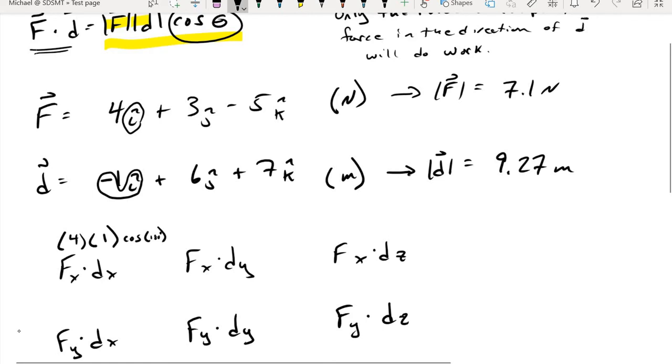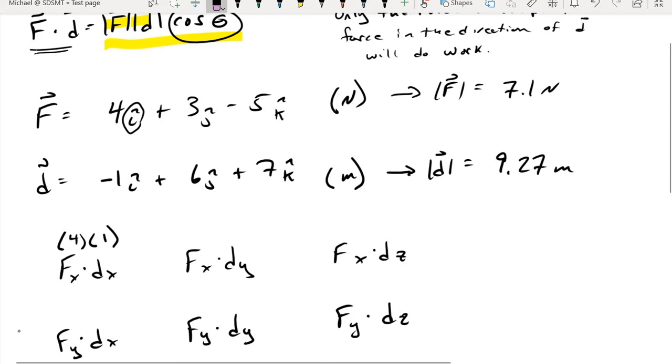Now, this method of evaluating can actually be done a lot quicker and a lot easier if we just ignore this last portion. Because anytime we take the dot product between two components that lie on the same axes, our only choices are going to be plus or minus 1.